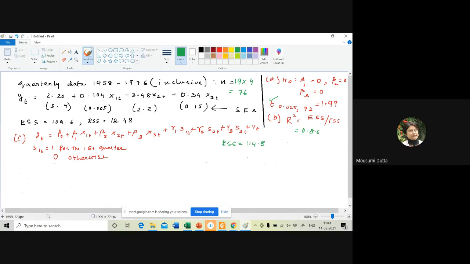Similarly, please write down the meaning of S2t and S3t.